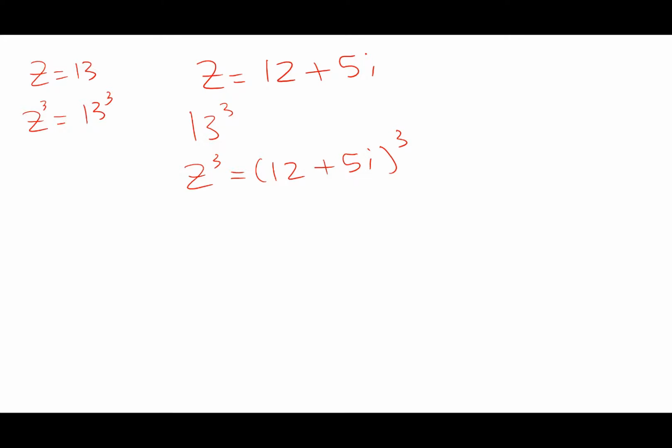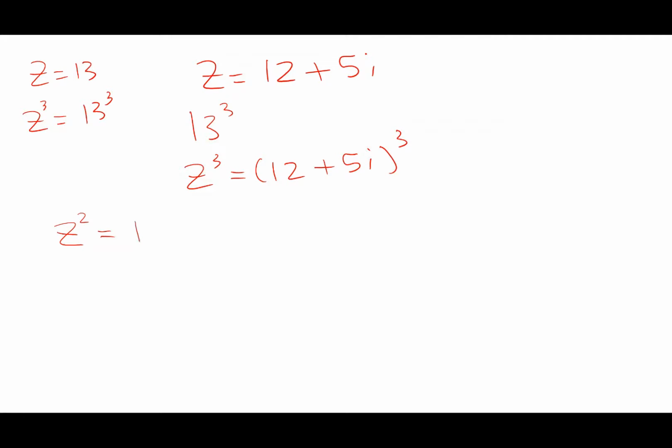So now let's expand that, FOIL it out, get a solution for z cubed, and that'll give us our values for a and b for our primitive Pythagorean theorem triple. I like to break it up. You do not have to, but again, I do. You can FOIL, factor, whatever method you like.